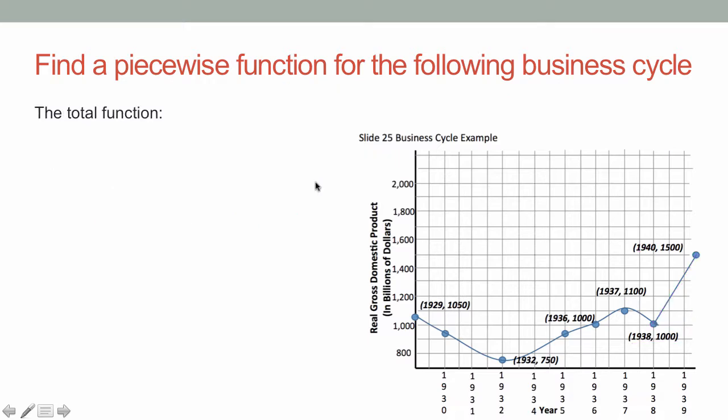All right, so we've got 3 functions, 3 different periods, right? Let's list them all out here. So the first one we had was f of x equals 15.625 times x minus 1932 squared plus 750. That was this first part right here.